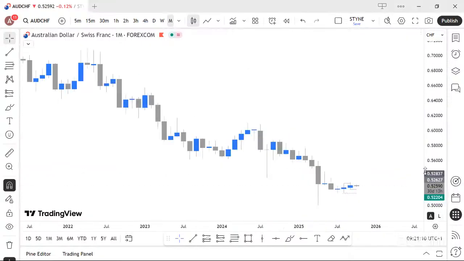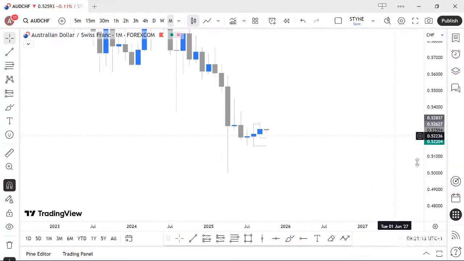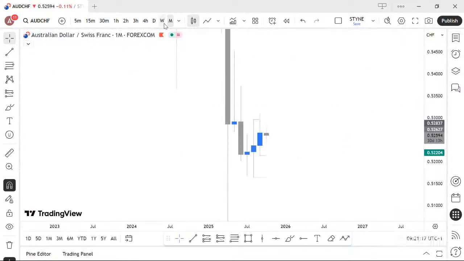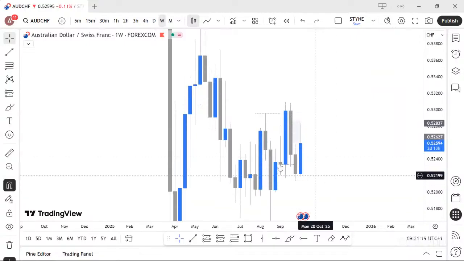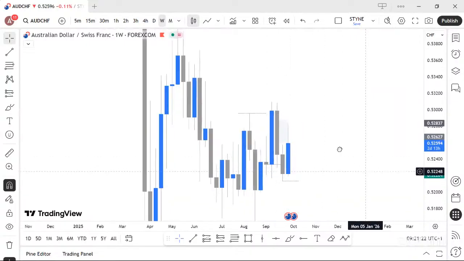All right, sorry about that. On the monthly, remember that we had a monthly high sweep here that led to what? That led to a weekly expansion here.